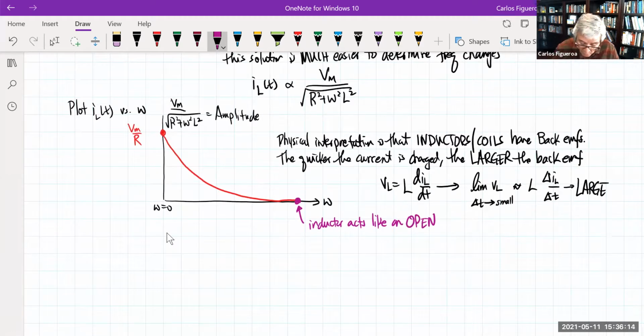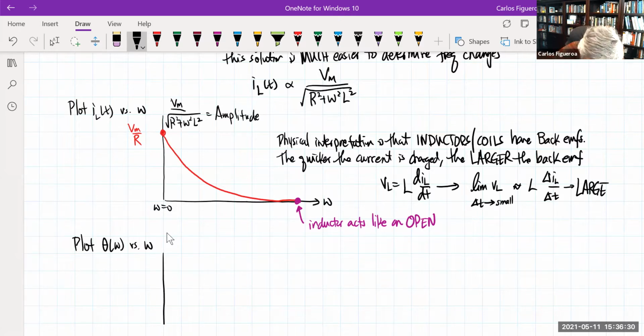On the other hand, what happens if we go and we plot the phase? So this is the phase in terms of frequency versus omega. So if I go and I plot the phase, one of the things that we said here is it looks something like this.